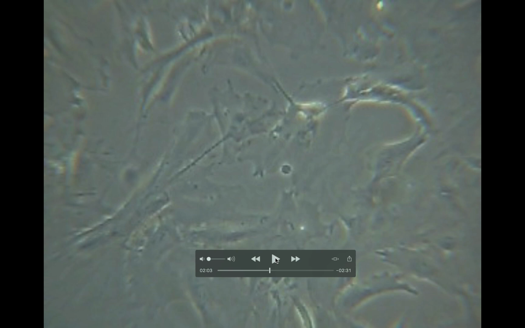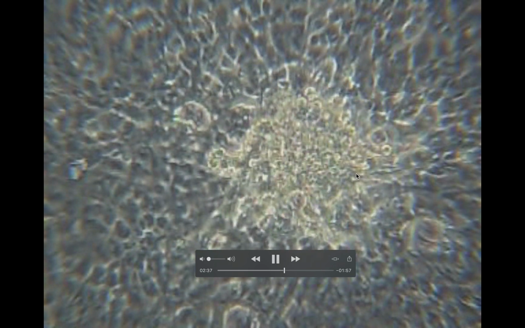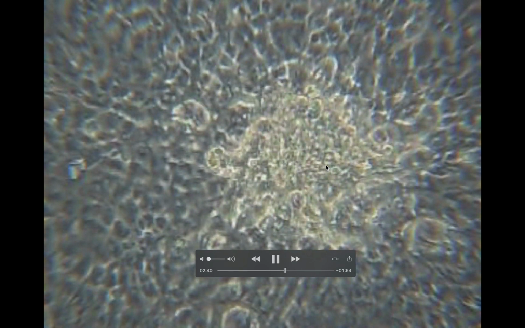So when we're differentiating them, if we aren't careful, we can get spontaneous differentiation of these embryonic stem cells. So here we have a mass of cells here. So I'm trying to center onto them, and you can see what's happening is these cells are randomly differentiating into heart muscle cells. And there's some pacemaker cells which is causing these cells to rhythmically contract.